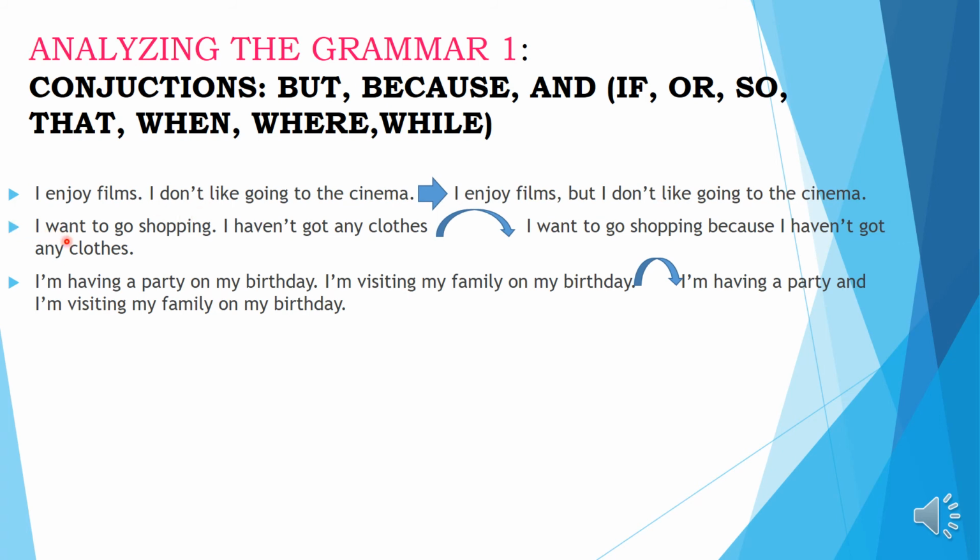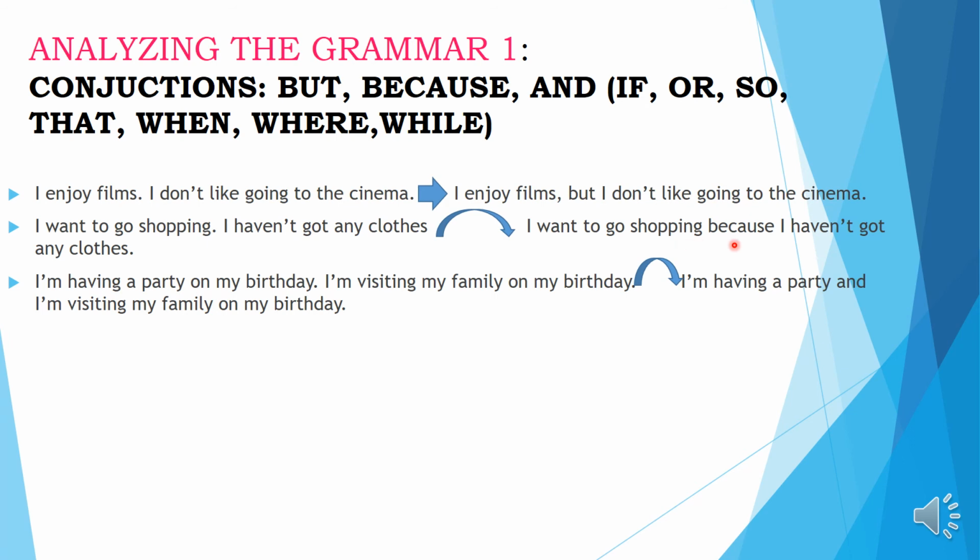Next example, I want to go shopping. I haven't got any clothes. In this case, the person is giving an explanation. But how can we make it in only one sentence? Here you have the next example. I want to go shopping because I haven't got any clothes.